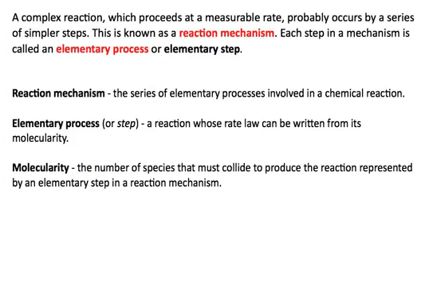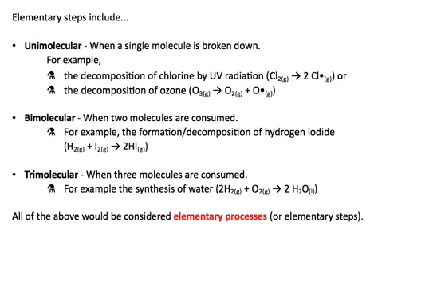The elementary process is a reaction whose rate law can be written from its molecularity, and molecularity is the number of species that must collide to produce the reaction represented by an elementary step in a mechanism. So all of those definitions are kind of intertwined. So let's separate those out and see if we can appreciate again what a mechanism is.